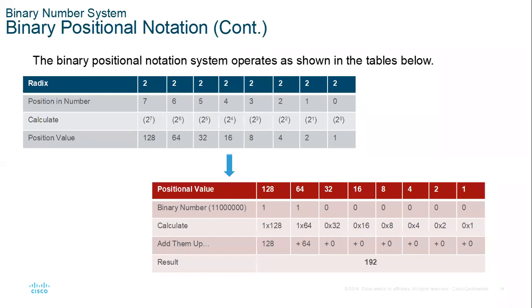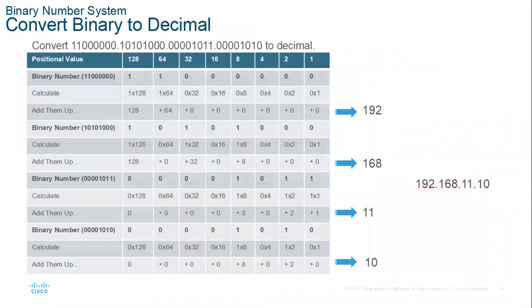This is just a chapter that has to do with numbering systems, so you want to have an idea about that. Same thing here. If we're converting binary to decimal, if our IP address was 192.168.11.10, what does the system see? The system sees all of this gibberish here. Since it's 8 positions, it's going to go from 128 down to 1. So you multiply each bit by its value.